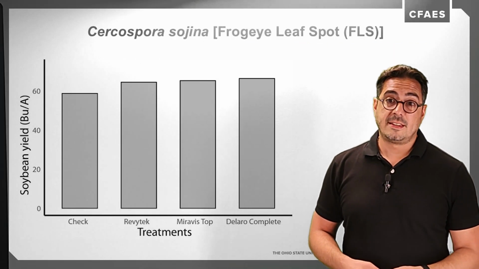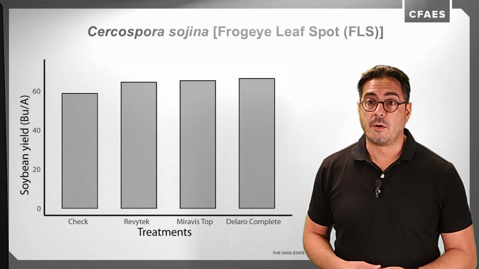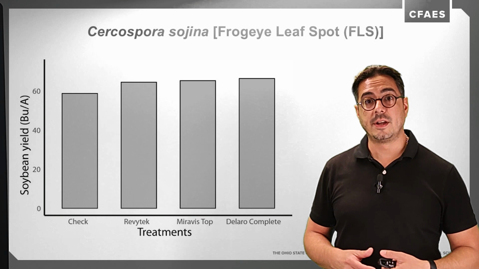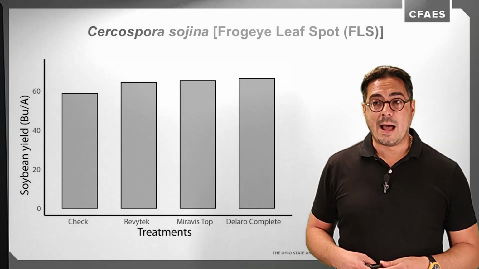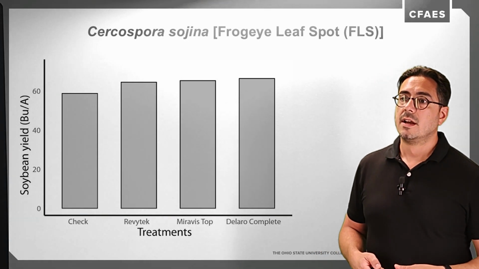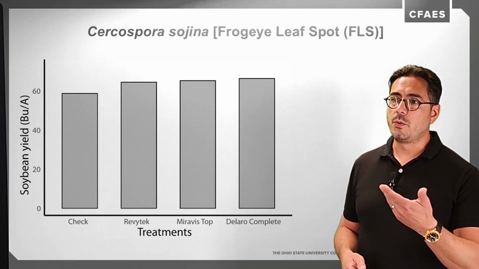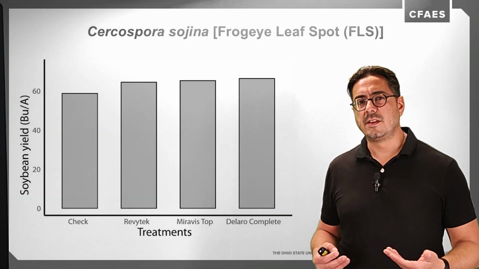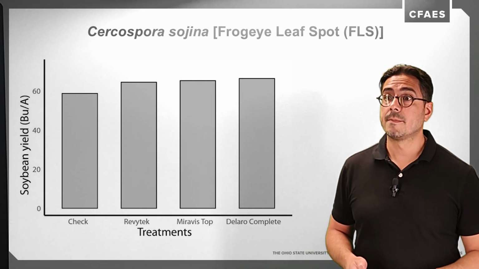We have been conducting, in collaboration with Laura Lindsey's program, a lot of trials where we evaluate fungicide. Our soybean pathology lab also conducts several fungicide trials during the season. In the past years, with low disease pressures, we really haven't seen much help from these products in terms of gaining yield and an ROI.